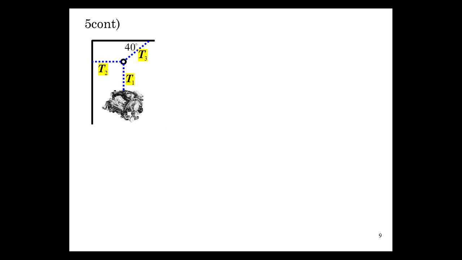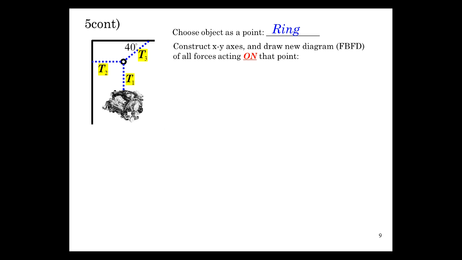Now, the object that we're going to consider in equilibrium, in fact, is the ring. The ring right in the center. So we don't have to have the free body considered to be forces acting on one of the physical objects. We're going to construct x and y axes and draw a new free body force diagram of all forces acting on, not necessarily the body of mass, but this particular point.